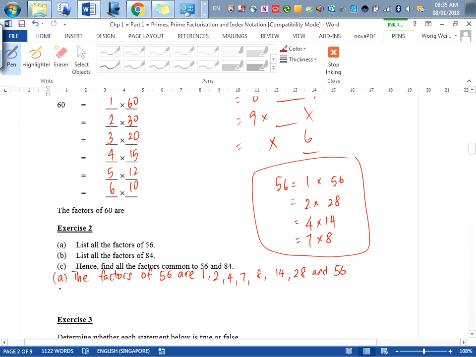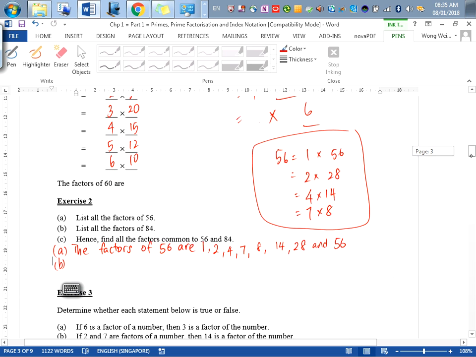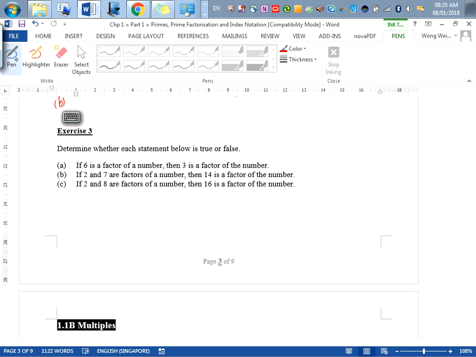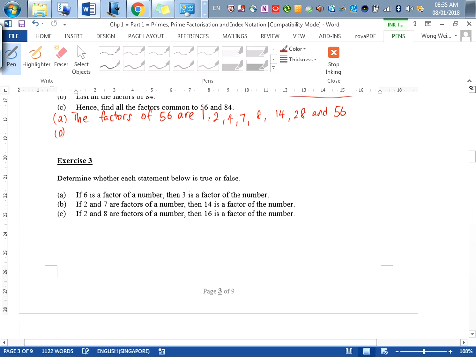So part B, we can do the same thing. The factors of 84 are 1, 2, 3, 4, 7, 12, 21, 28, 42, and 84.